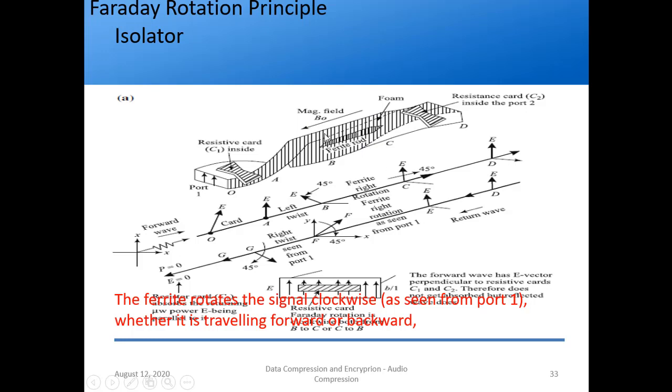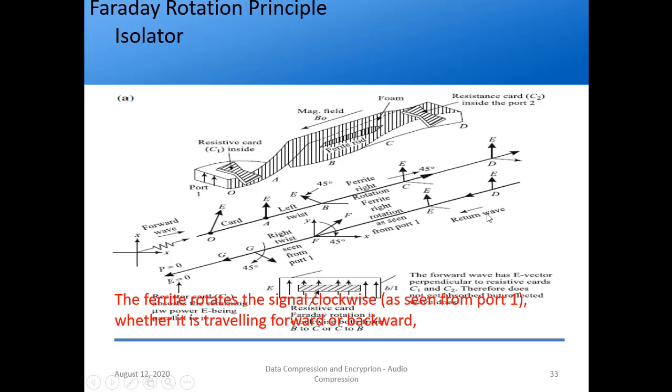So it will depend on the ferrite and the magnetic field direction. So what happens in this case? It rotates the other way, that is in the clockwise direction. So it is placed and biased in such a way that the electric field rotates clockwise by 45 degree. So here it was getting rotated anti-clockwise, here it was rotating clockwise, right? So the same signal is obtained here, okay, without any attenuation, right?